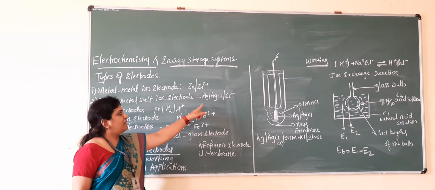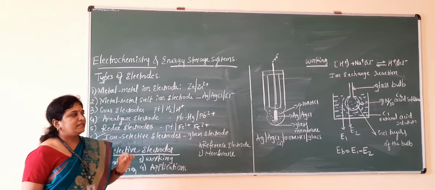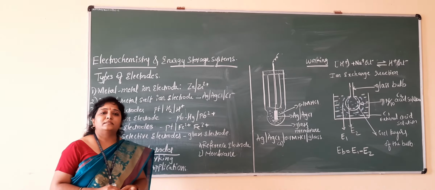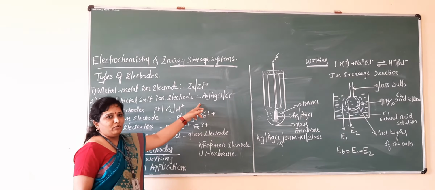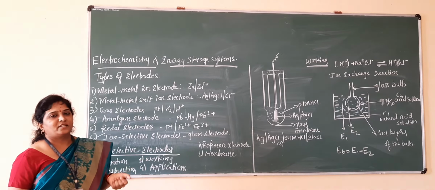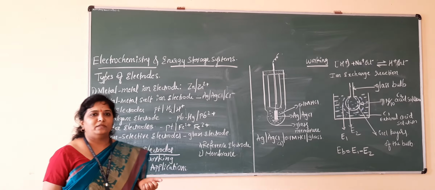So this is a silver chloride electrode, and we have already studied the calomel electrode, that is Hg. Here we have already studied the construction, working and applications of the calomel electrode.